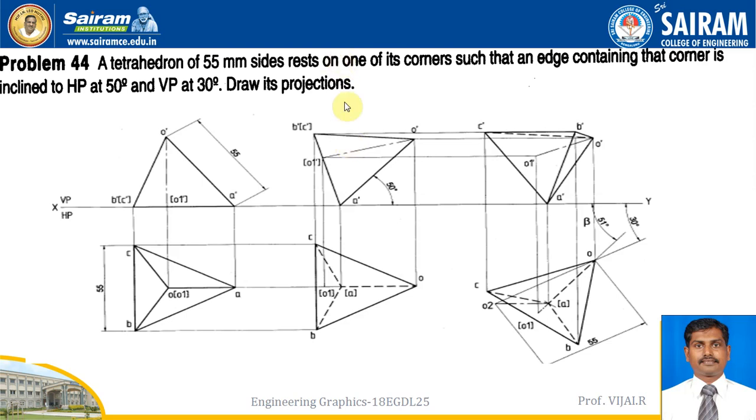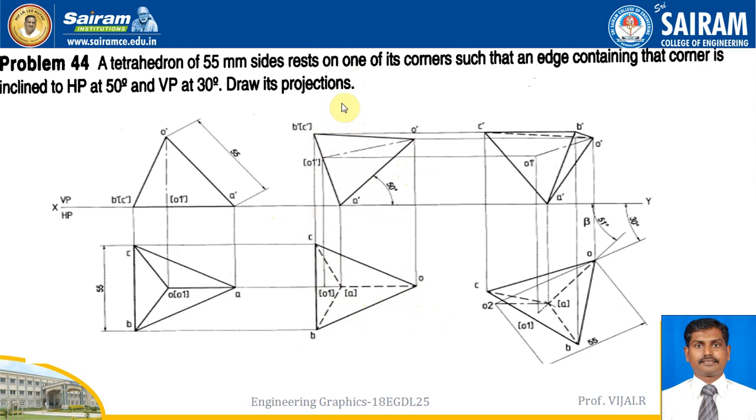So when we are seeing from the top, BCO is the edge and O is here. When we are seeing from the top, you can see AO is resting, this slanting is down. So first make the boundary, BCD OA, all boundary visible, you finish it off, and the remaining lines O to A, O to C, O to B are all hidden.